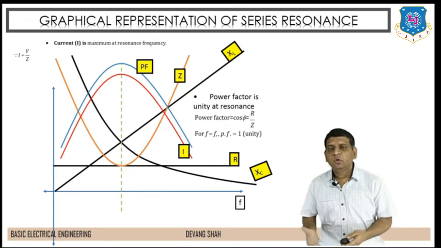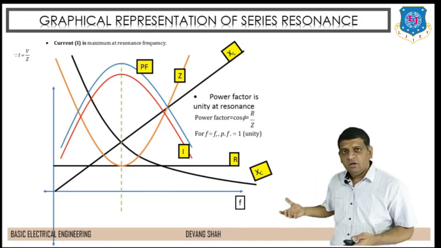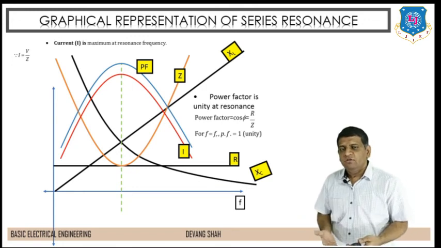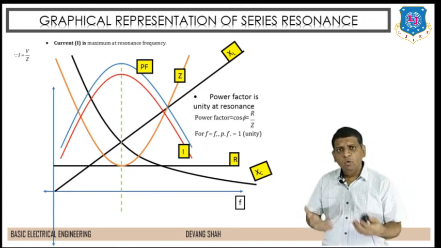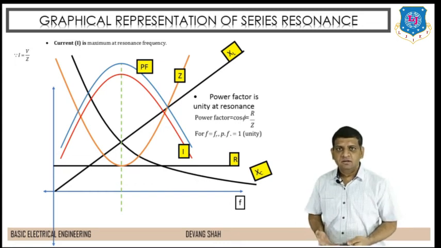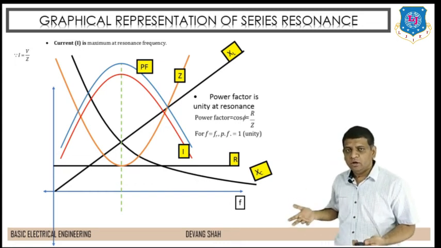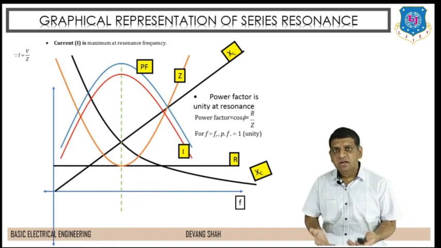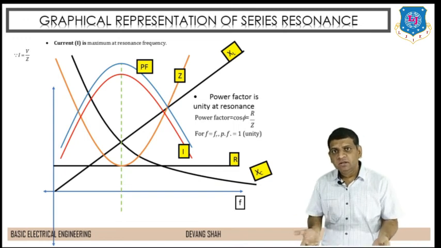Now see this particular graphical representation, where all the parameters have been taken with respect to frequency. You can take one more parameter that we define as the net reactance, right? We didn't show it here, but the net reactance is X equal to XL minus Xc, or Xc minus XL, as per the condition.